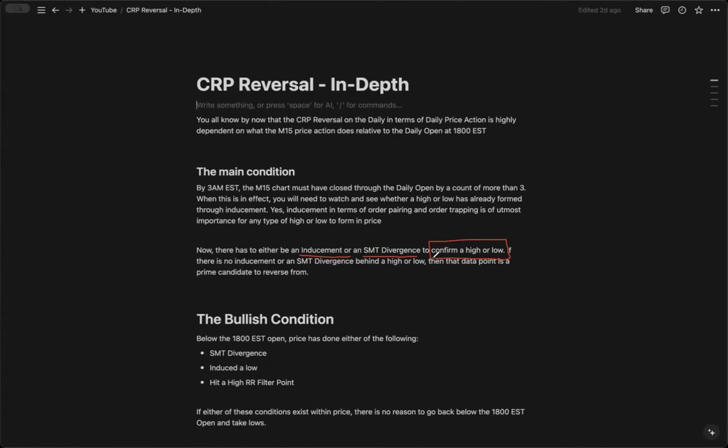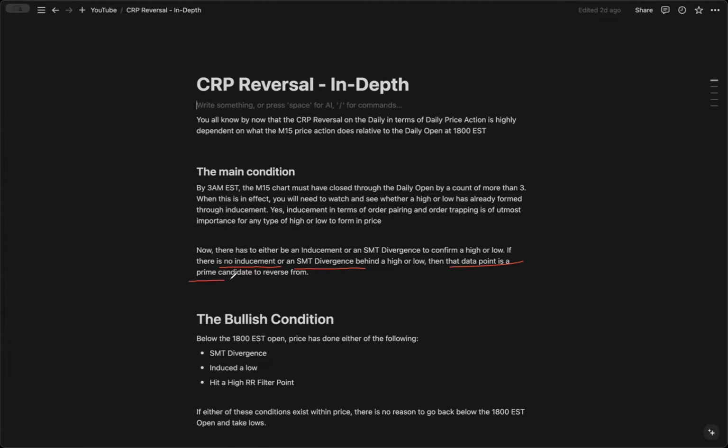This is what you're looking for, just in case a high or low has already formed when you see price expanding, so that you understand that the reversal has already happened, so let me just look for continuations.